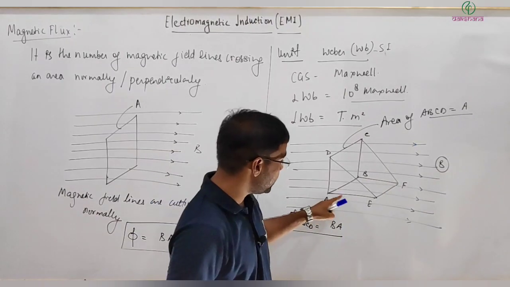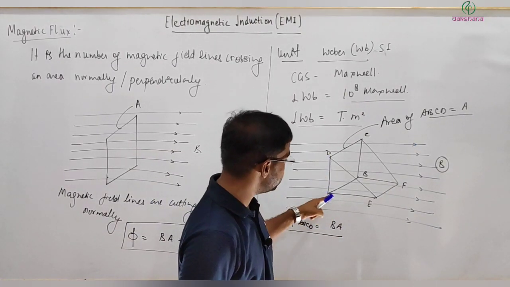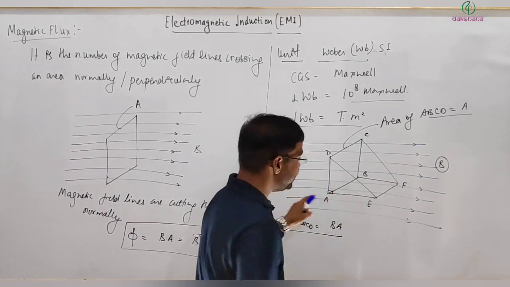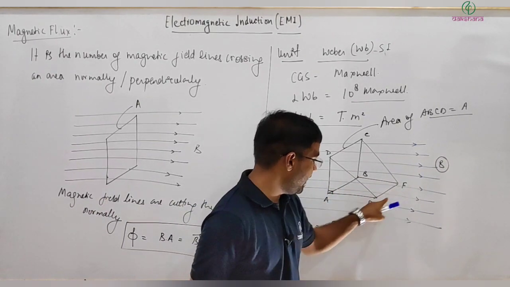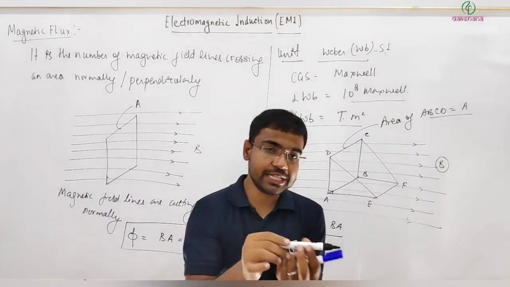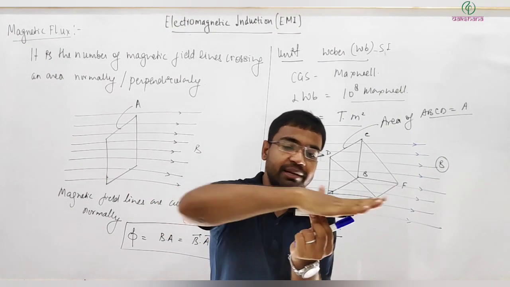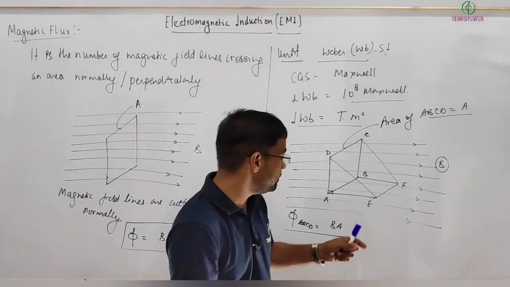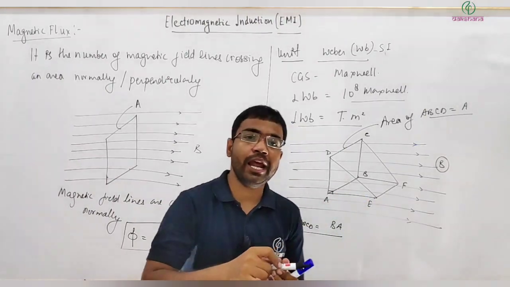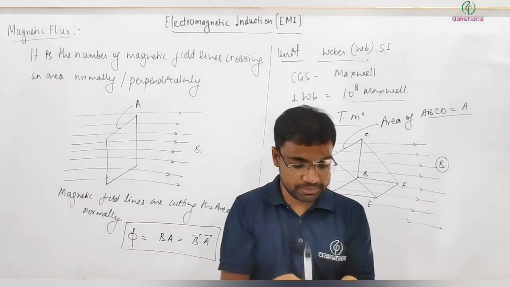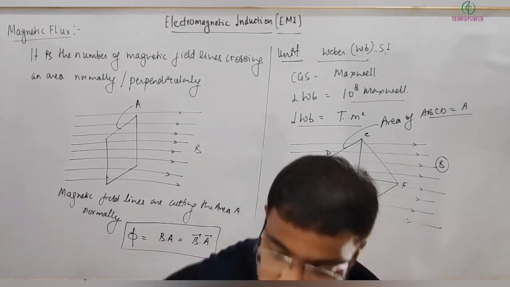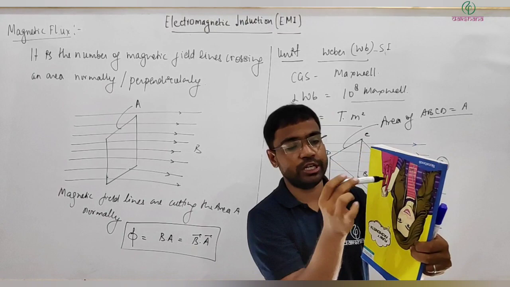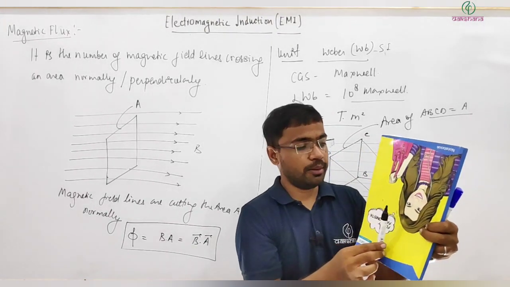Then the flux through the ABCD plane is B into A. If the field lines cross ABCD normally, at a 90-degree angle, then plane ABEF will lie along the field lines, so no magnetic field line will be crossing plane ABEF. Field lines can cross at some angle also, but not this way.